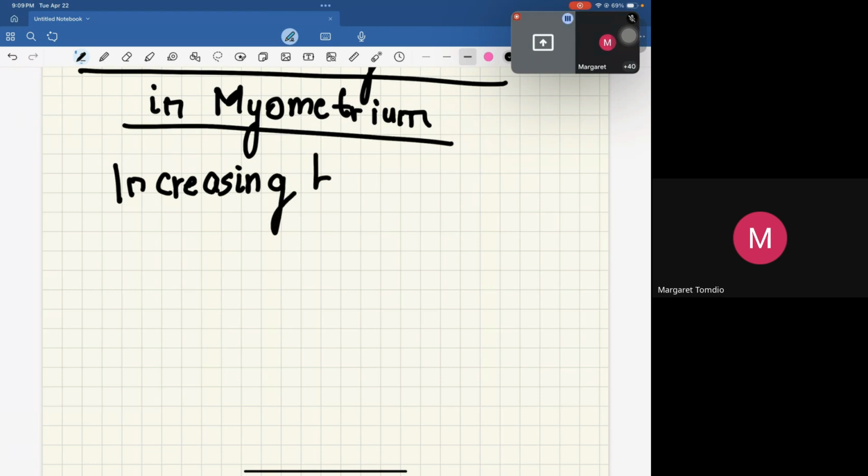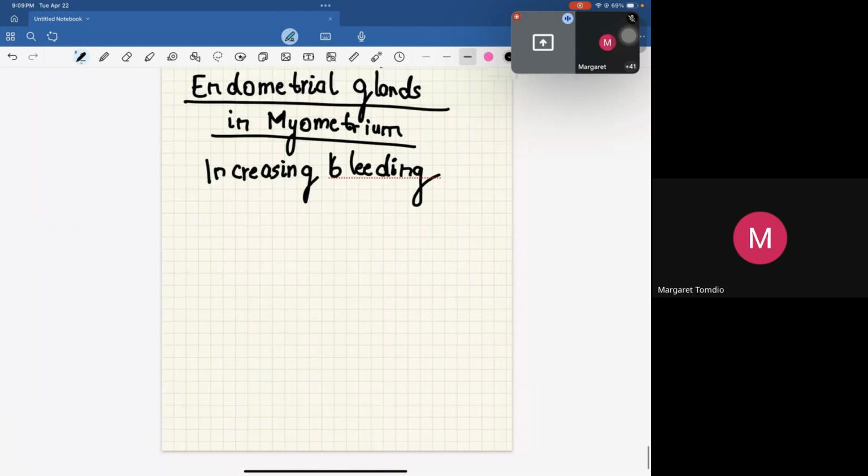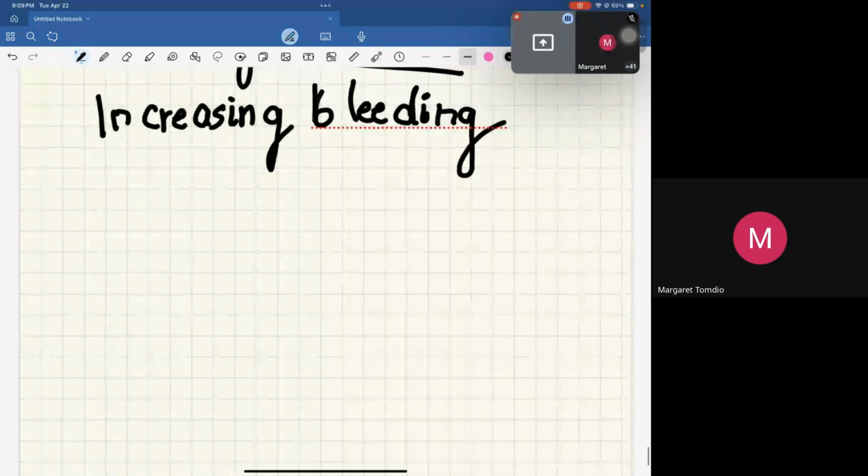Now increased bleeding occurs in a lot of other conditions as well. Like we discussed yesterday, endometrial polyps can lead to bleeding. But remember, the bleeding of endometrial polyps would be intermenstrual, that is, it will be present between the menses. But the bleeding of adenomyosis, in which the endometrial glands are present in the myometrium, will be increased, profuse bleeding.